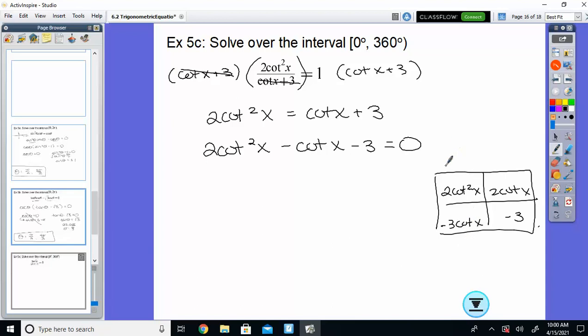So if we factor, we get cotangent x, or sorry, 2 cotangent x minus 3. I didn't know. Thank you. Okay, then what do we do?